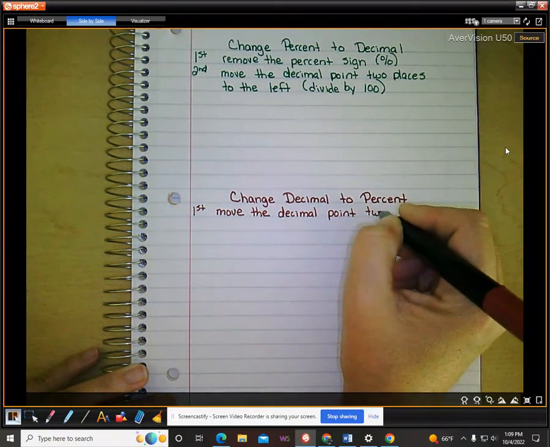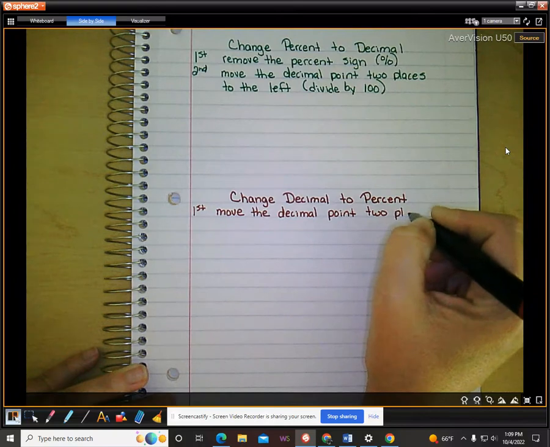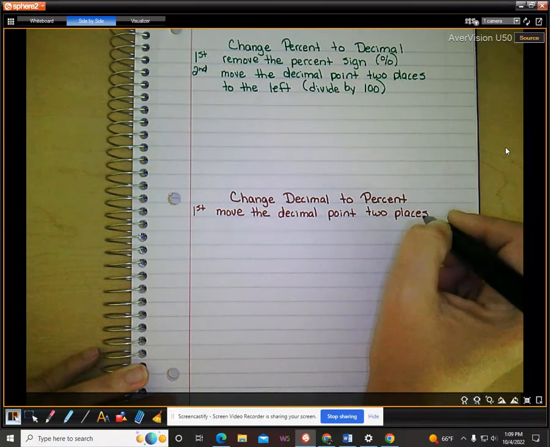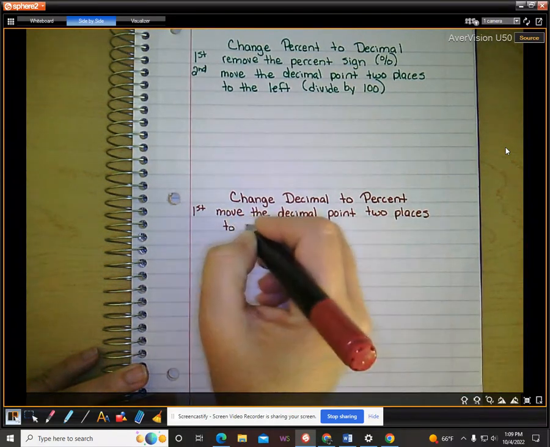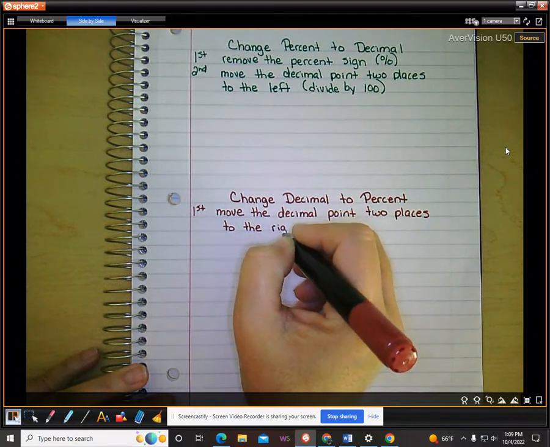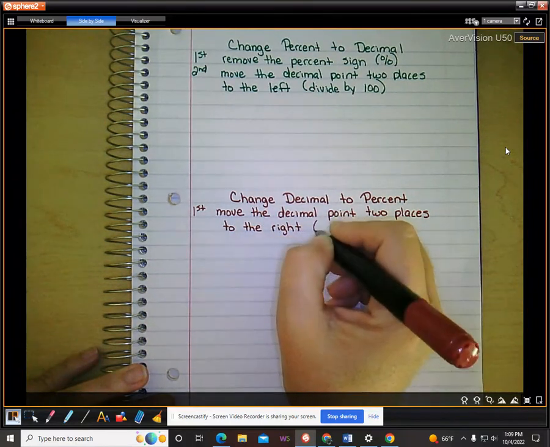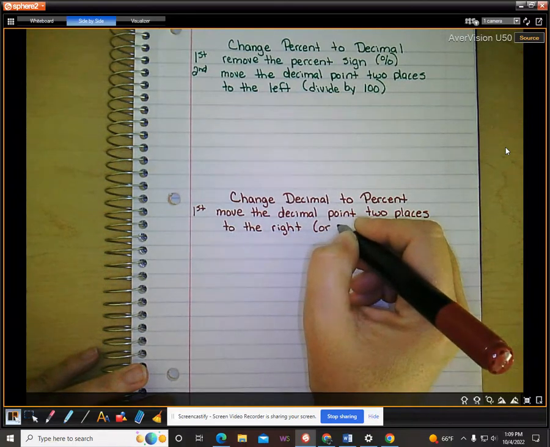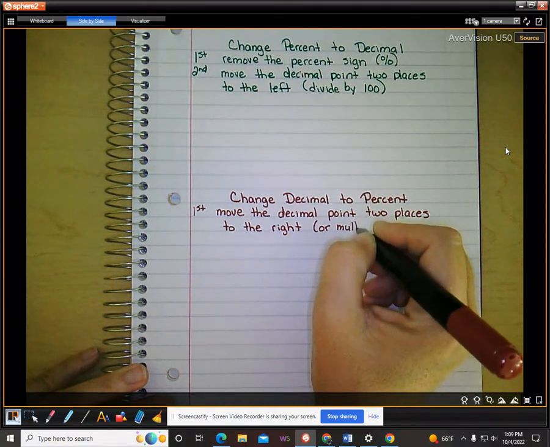Or that's the same as multiplying by 100.